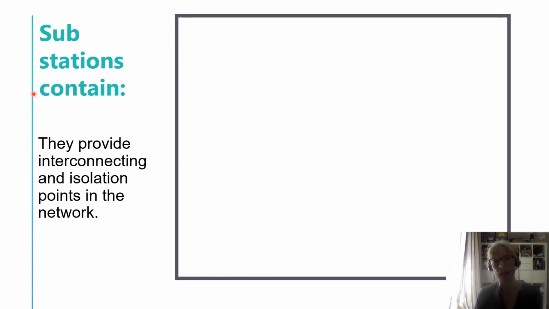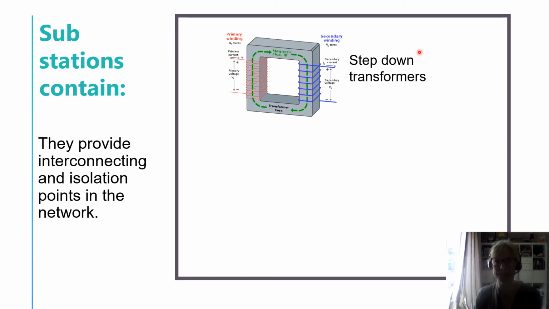So you've had your electricity flowing through your transmission lines, and then it needs to get stepped down to the safe voltages, and this is done at the substation. As it says here, it provides interconnecting and isolation points in the network. So in a substation, we have the step-down transformers. Here's a picture of a classic transformer for you with the windings.